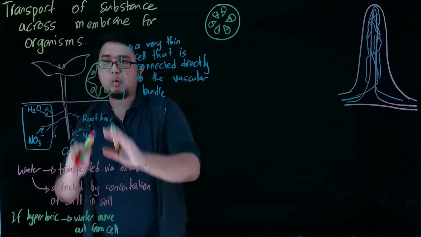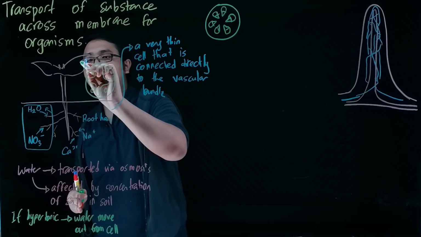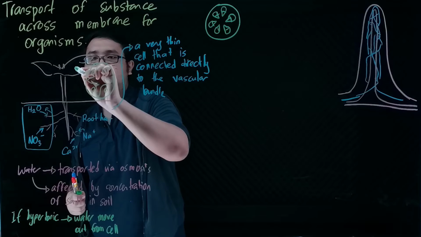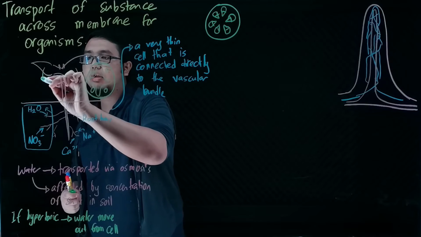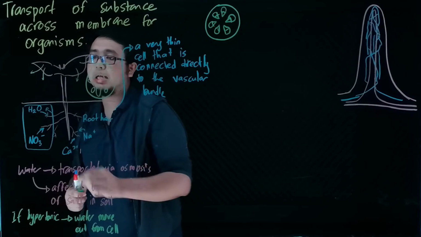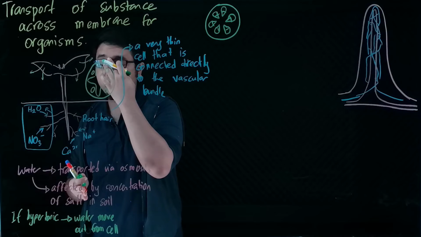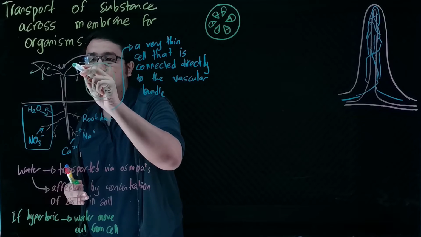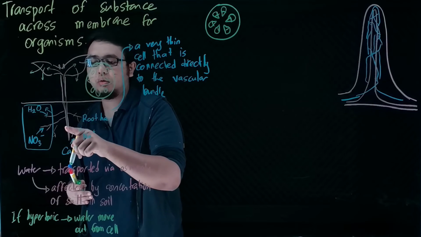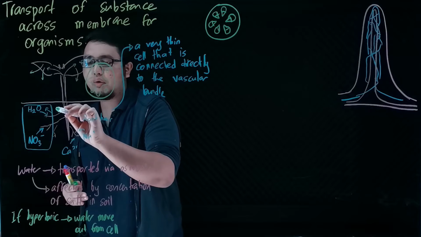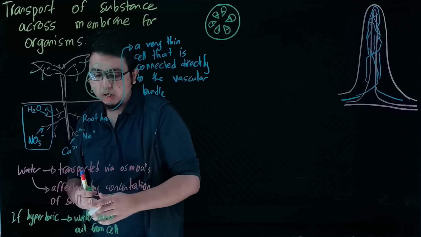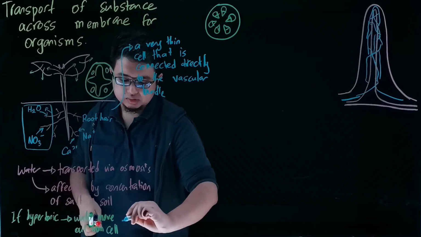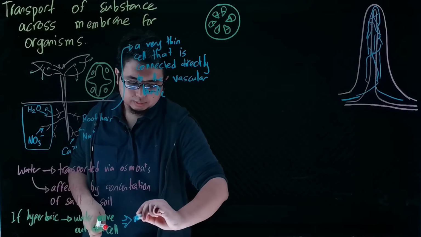If water moves out from the cell, water from the top will escape from the plant through a process that you're going to learn later, which is transpiration, and all the remaining water in the plant will not be replenished by your root tissue because now your water is moving out. So the end result is that the plant will start to wilt.